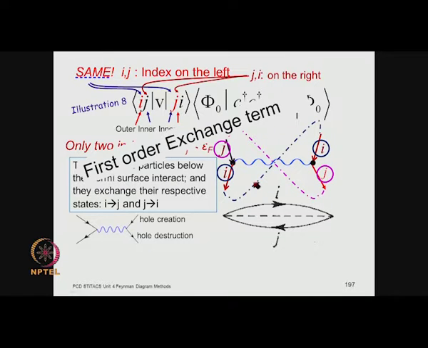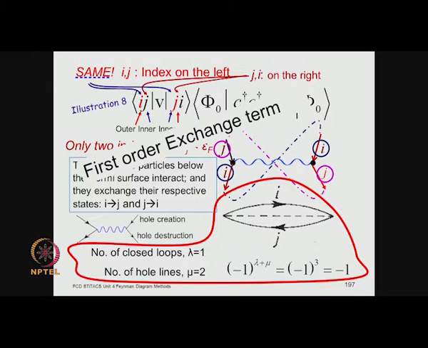This is the exchange correction from the first order exchange correction to the free electron energy. Now, what this does is to contribute -1 sign, which you get by getting the phase as -1 to the power lambda plus mu, lambda being 1 because there is only one closed loop, and mu being equal to 2. So, this contributes a phase -1.